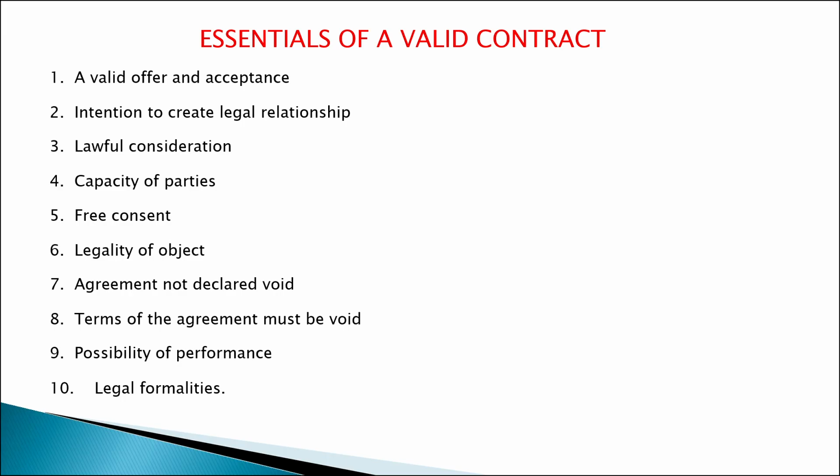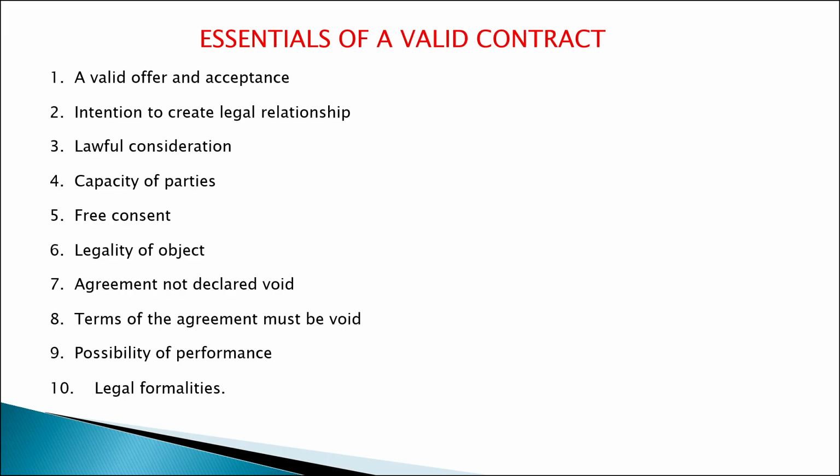Next one is agreement not declared void. The agreement between the parties must not have been declared void expressly by any law in force in the country. For example, under the Indian Contract Act, an agreement in restraint of marriage or an agreement in restraint of trade is void.